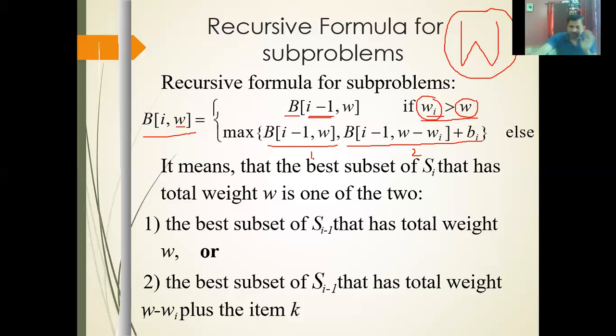In the first part, I'll consider the benefit or the profit of the previously inserted item, that is I minus 1 comma W, right?